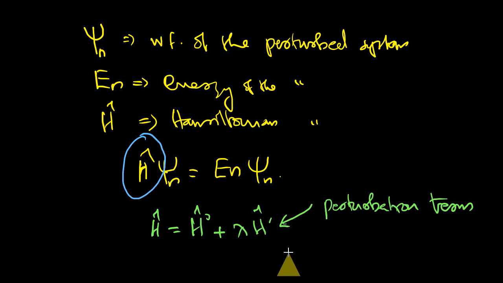So we can take some example of this. We can take our previous example that we already discussed, the example of the harmonic oscillator and anharmonic oscillator. So what is the Hamiltonian for the harmonic oscillator?